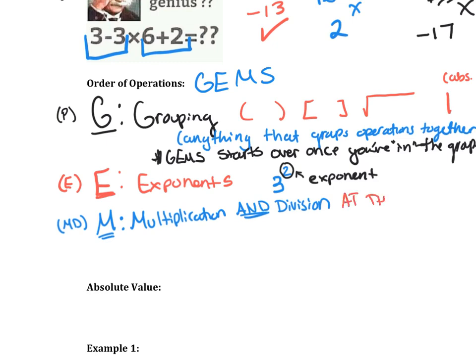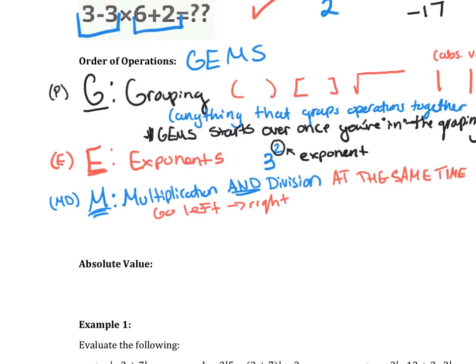At the same time. You go left to right. Okay, so hopefully with GEMS, having it happen in one step will help you remember that it happens at the same time, and you go left to right.